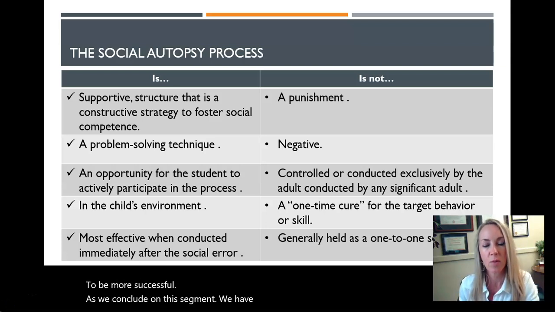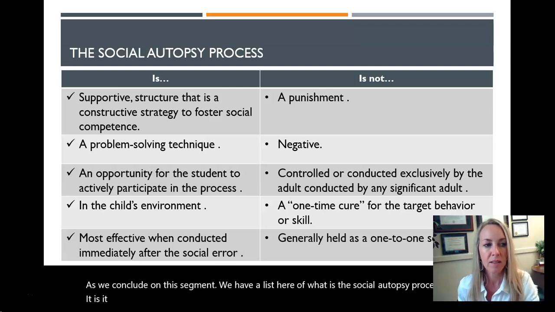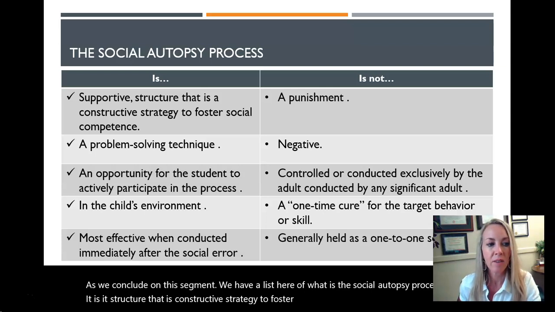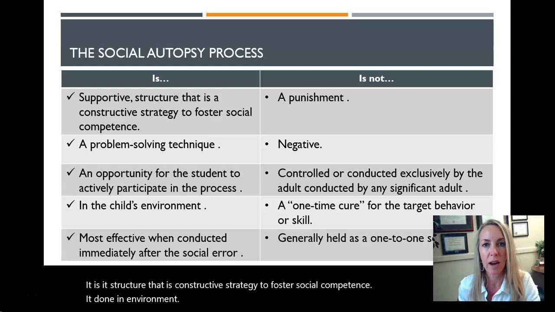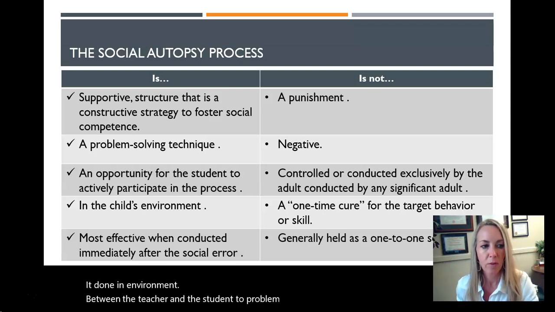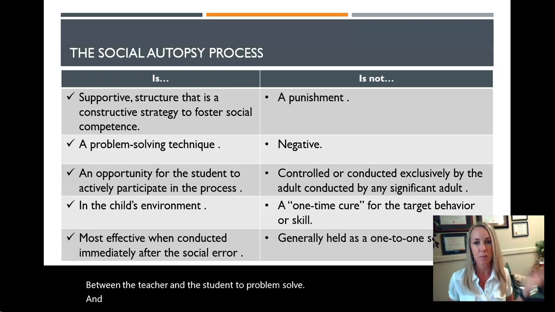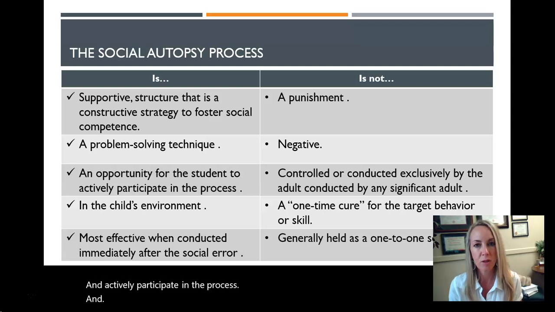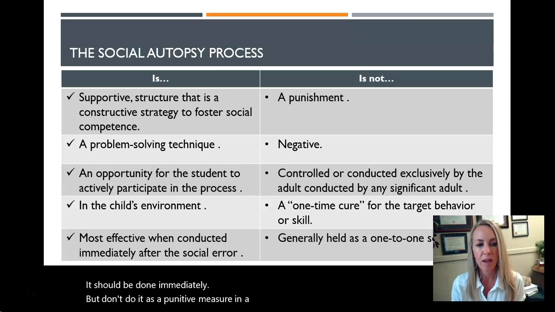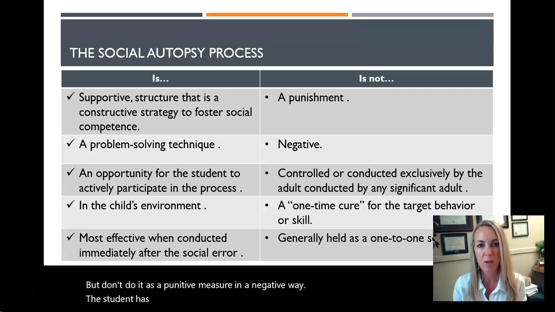So we have a list here of what is the social autopsy process. It is a structured, constructive strategy to foster social competence. It's done in the environment between the teacher and the student to problem solve and actively participate in the process. And it should be done immediately. But don't do it as a punitive measure in a negative way. The student has the primary control over the guidance of the adult to determine correct answers.